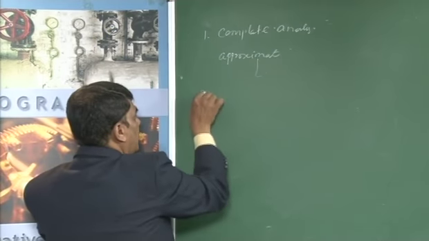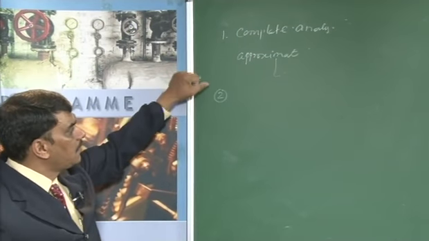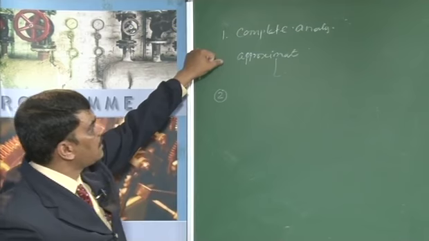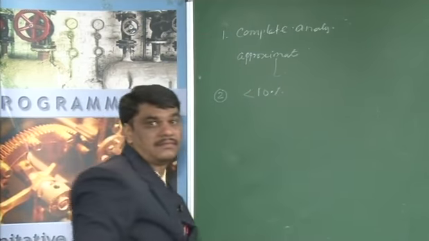Then you took an example on a complete analysis and an approximate analysis. You have shown that the error between the exact analysis and approximate analysis is always less than 10%. Thank you.